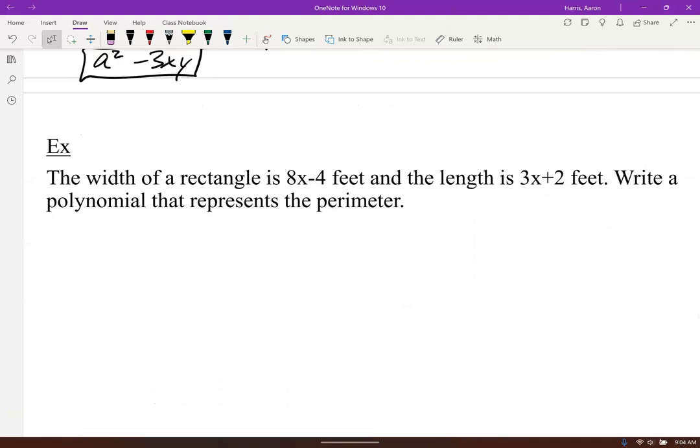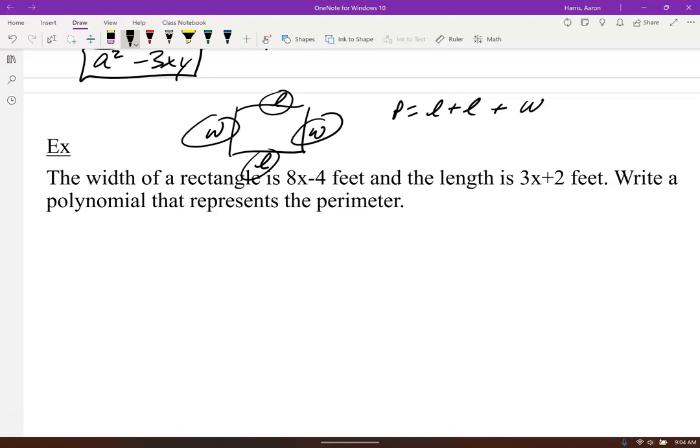All right, let's take a look at perimeter. Remember, if we were to find the perimeter of a rectangle, we would have length plus the other length, length plus width plus the other width. So the perimeter of a rectangle is L plus L is 2L plus 2W, right?